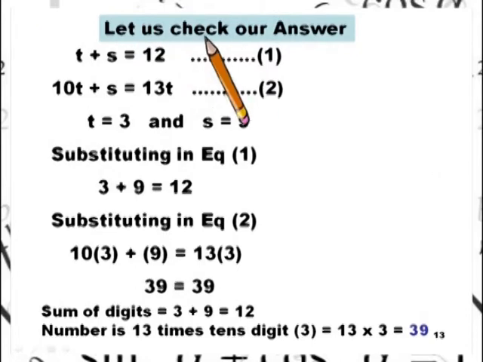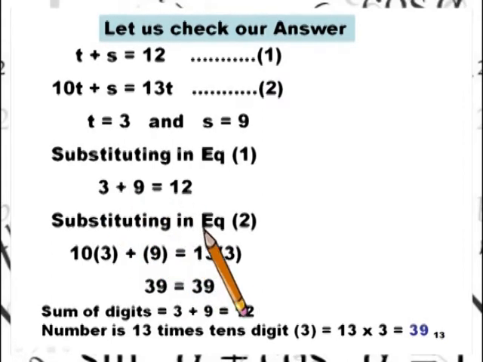Let us check our answer. t plus s equals 12, equation 1. 10t plus s equals 13t, equation 2. t equals 3 and s equals 9. Substituting in equation 1, 3 plus 9 equals 12.